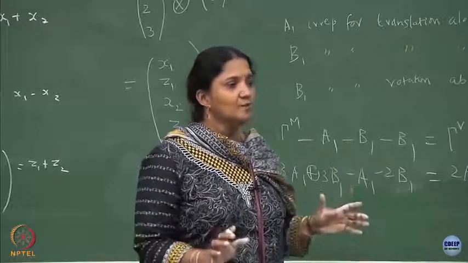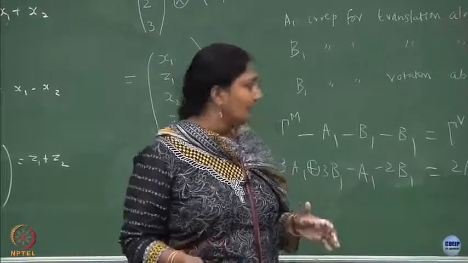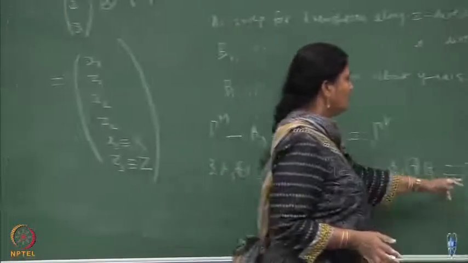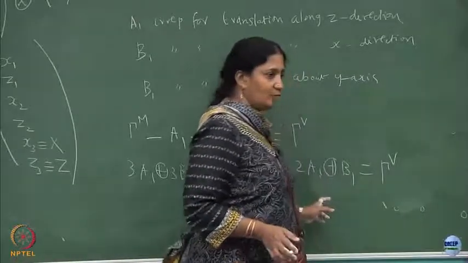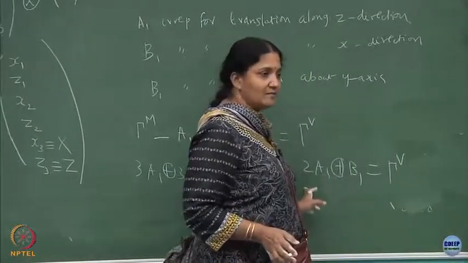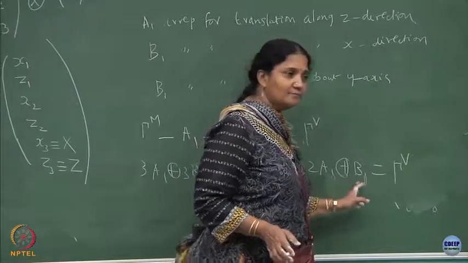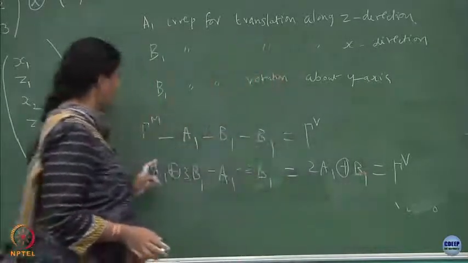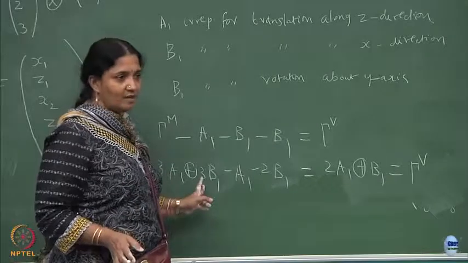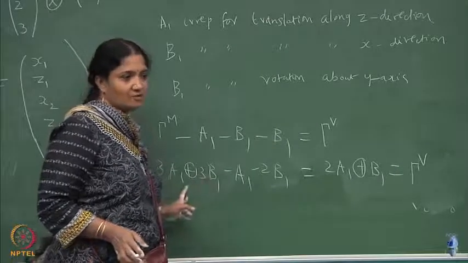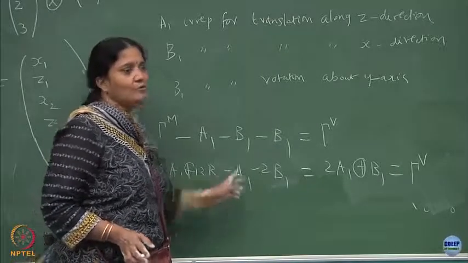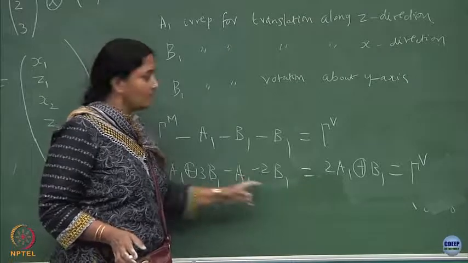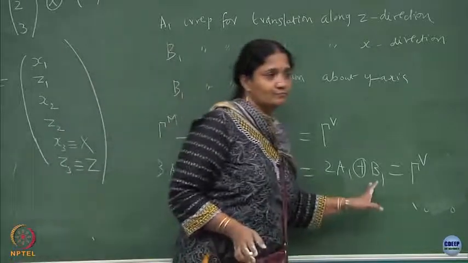So, the irreps associated with the vibrational degrees of freedom, which you did from here mechanically, belong to A1 twice and B1, but here it will be 3A1 and 3B1, but it includes translation and rotations. You have to remove the translation and rotation if you want to compare these two.